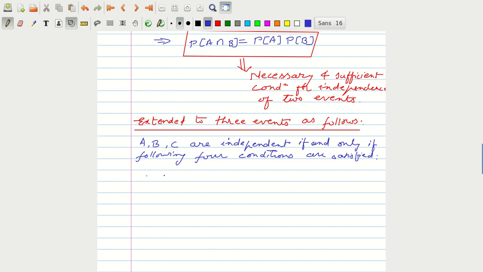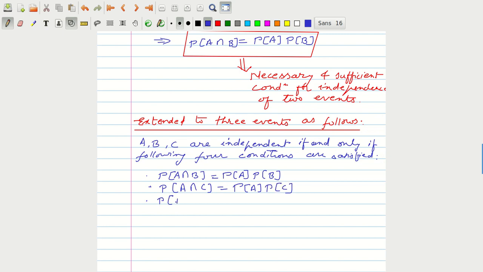Number 1, probability of A intersection B is equal to probability of A into probability of B. Then probability of A intersection C equal to PA into PC.